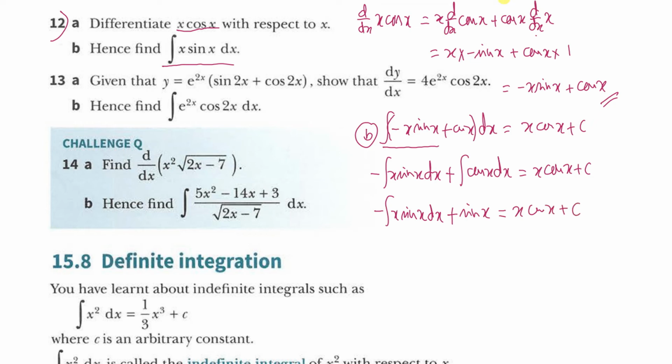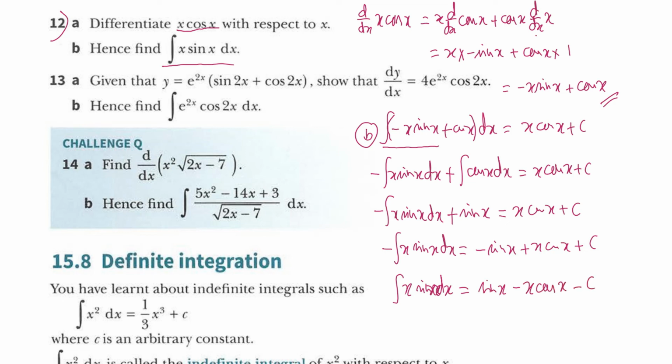So minus x sin x dx, let me write everything on the right side, equals minus sin x plus x cos x plus c. So we need to remove the minus sign from the left side, which you can write as x sin x dx equals positive sin x, then minus x cos x, then minus c.